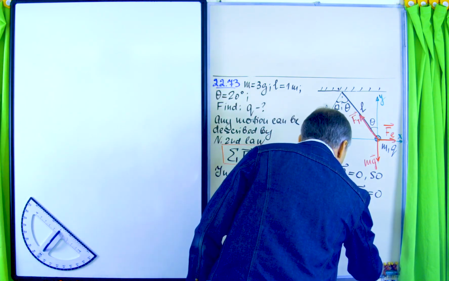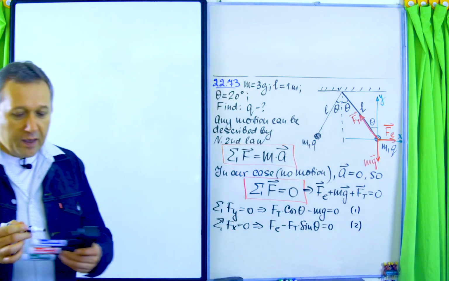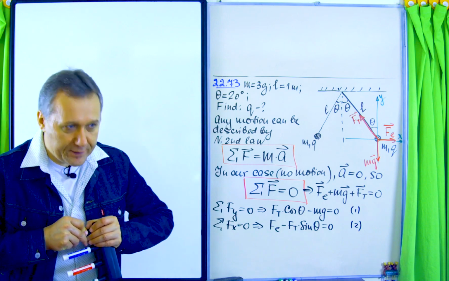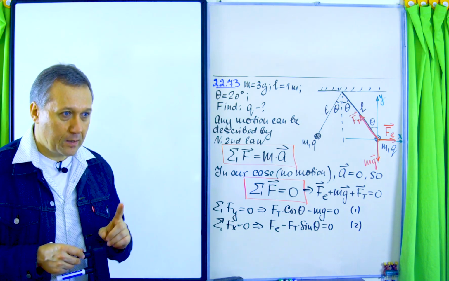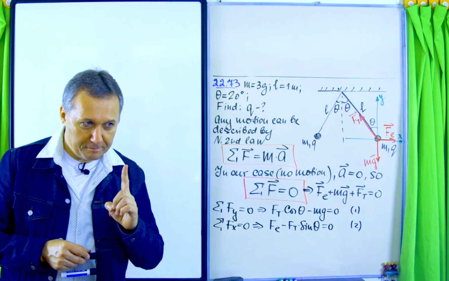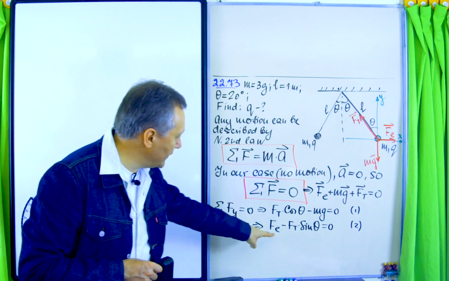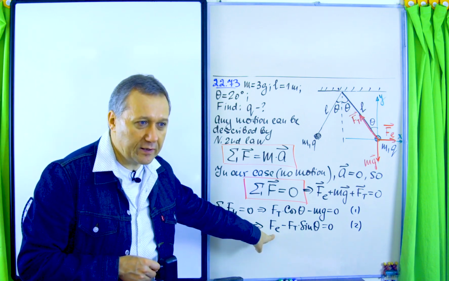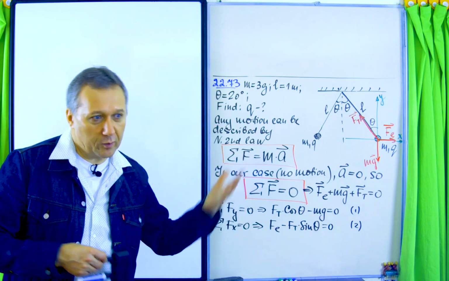So we have two equations, equation number 1, equation number 2. Have we revealed everything in these two equations? Not completely. We still have some hidden information inside of the electric force, which needs to be opened or revealed.